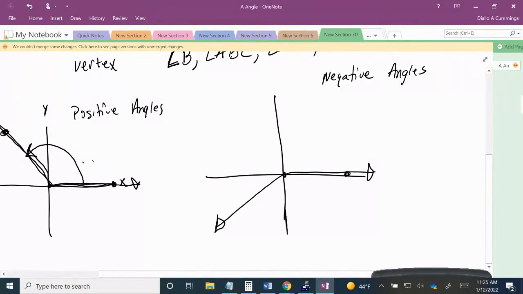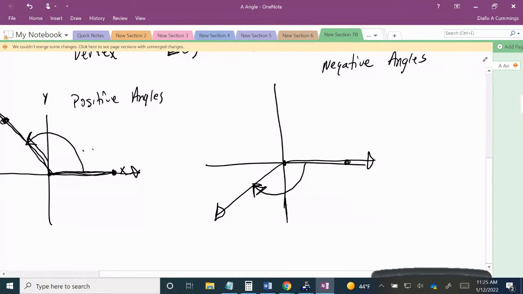However, if our terminal side is rotated clockwise, this gives us a negative angle. I'm going to estimate this at negative 120 degrees. Notice that the arrowhead is rotating in a clockwise manner. That indicates a negative angle.